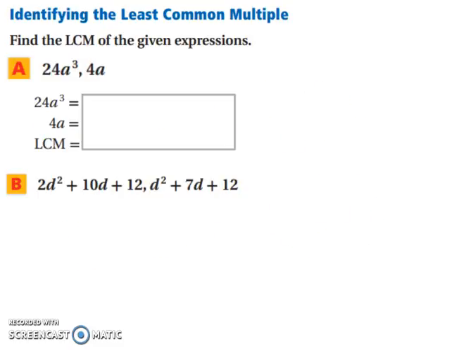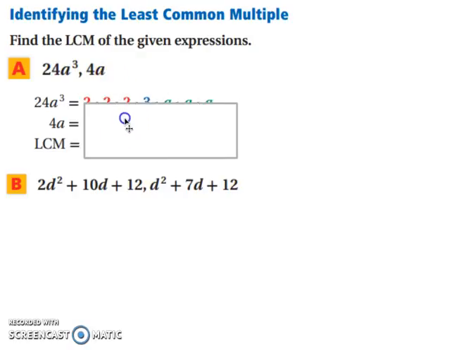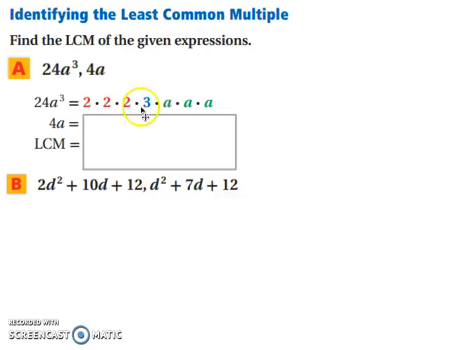Now let's look at finding the least common multiple, since that's going to help us if we don't have common denominators like we've had in the past few problems. What would be the least common multiple of 24a to the third and 4a? Let's write the prime factorization of each expression. 24a to the third would be 2 times 2 times 2 times 3 times a times a times a.